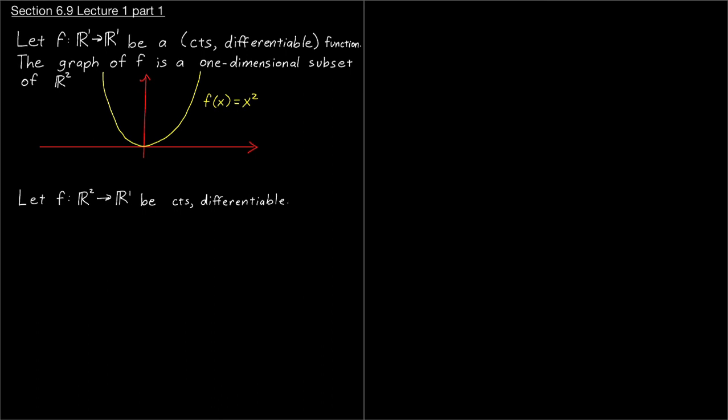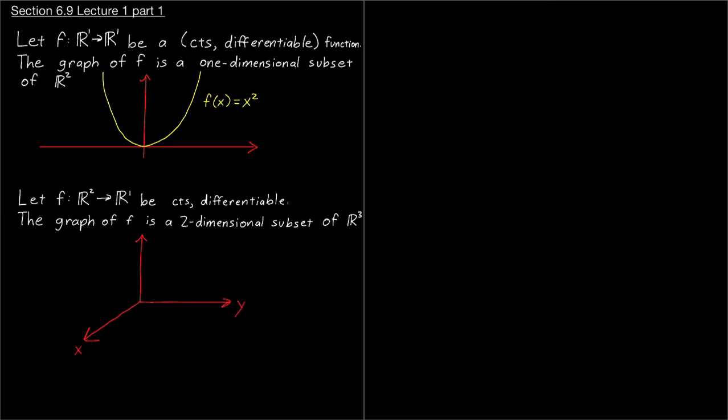Then the graph of f is a two-dimensional subset of R3. You need 3 dimensions, 2 of them to be your domain dimensions, and 1 of them to be your range dimension.